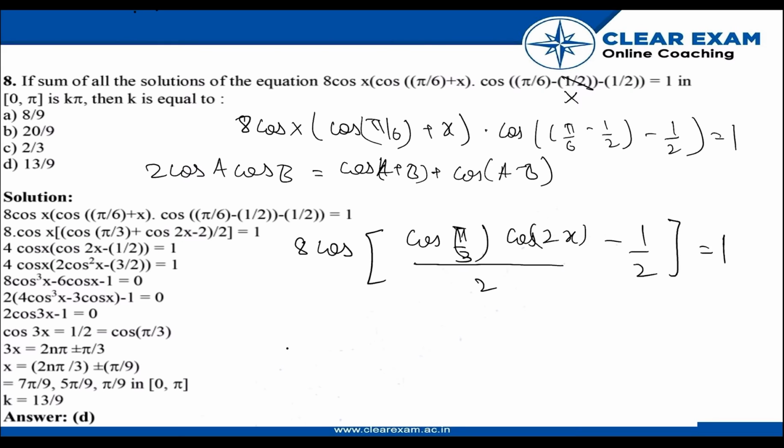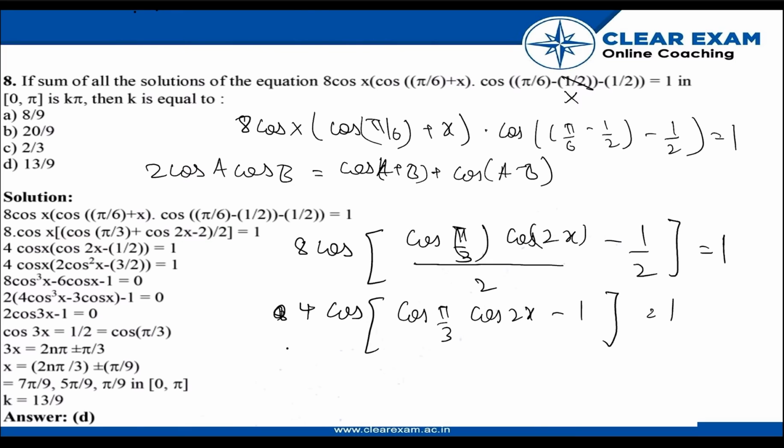So let's take 1 by 2 common, that is 4 cos x into (cos π/3 cos 2x − 1) equals to 1. Easy. We'll use the same property again, 2 cos a cos b, to solve cos π/3 cos 2x.